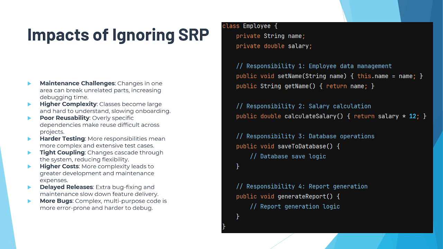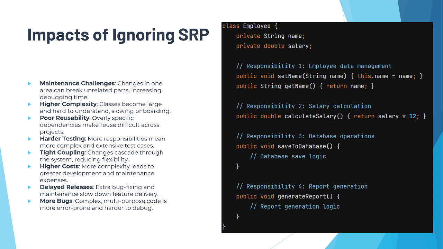The disadvantage of this is, let's say calculate salary is nowhere dependent on save to database or generate report. Now let's say 3 developers are working parallelly. One is working on calculate salary, another on some database related operation, and another on generate report.